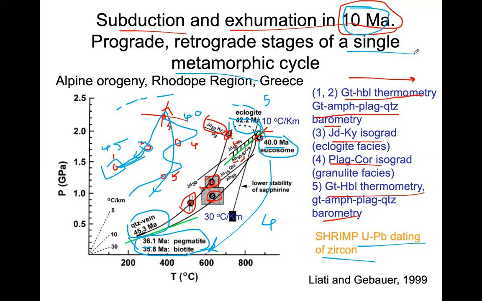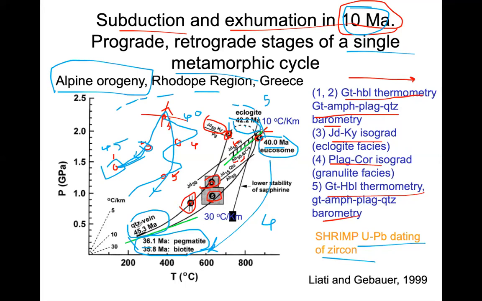So these are very important types of interpretations where you use all your expertise in petrology to interpret a rock's evolution. So this is the Alpine orogeny, right? So you know the Alps, European Alps. There, it's very recent, right?